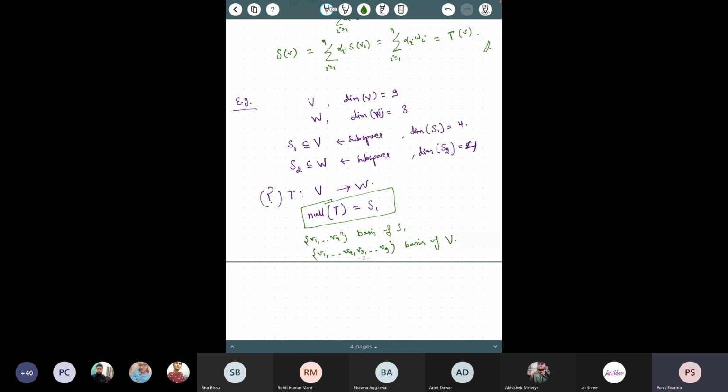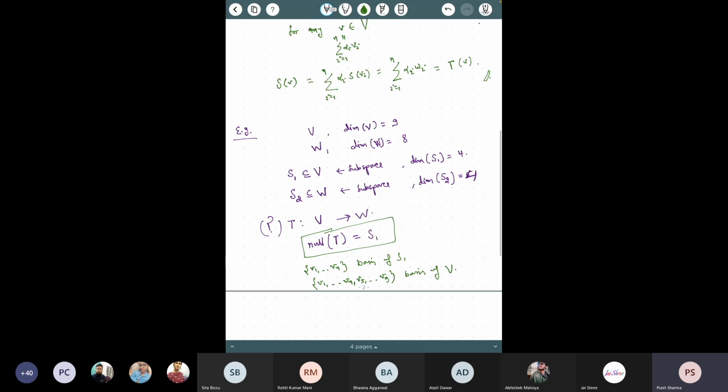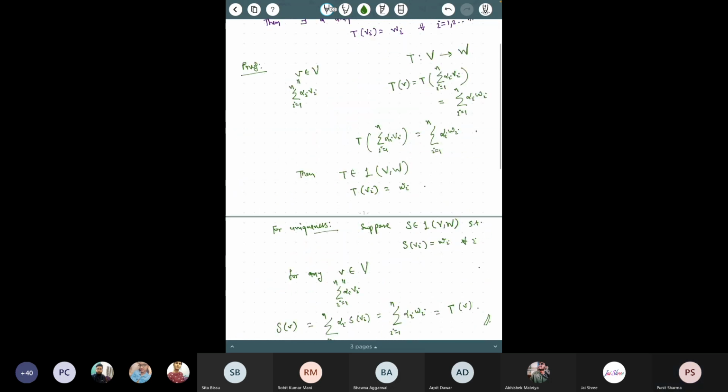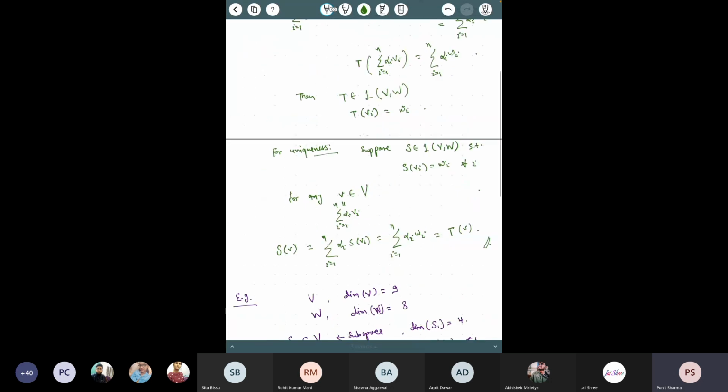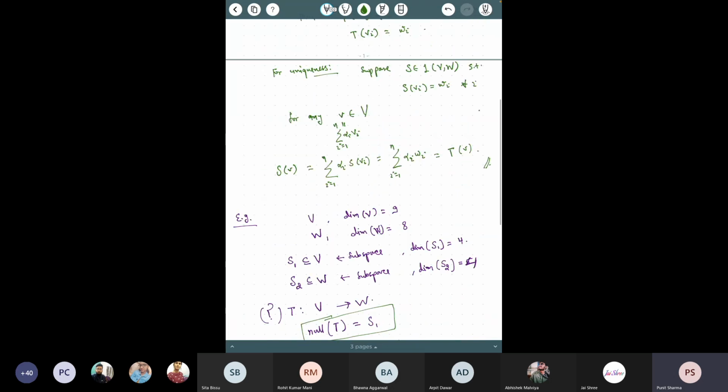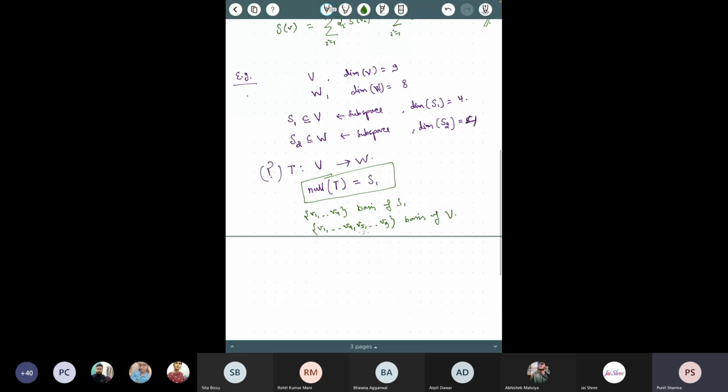Now, we can use the previous result here. We have a basis for V, and we have to choose n vectors in W, and then we can always define such a map. Now the thing is how to choose this Wi. He's saying that you send the first 4 vectors to 0, which you can always do.